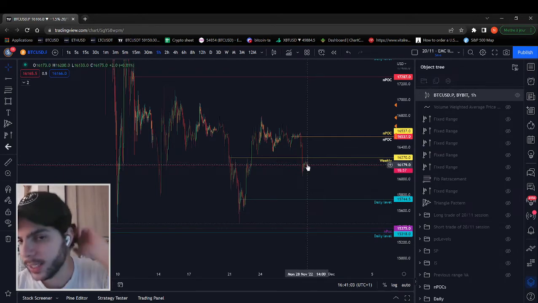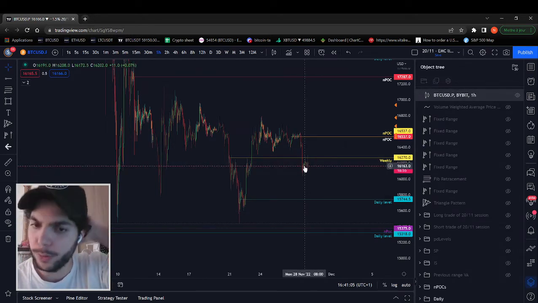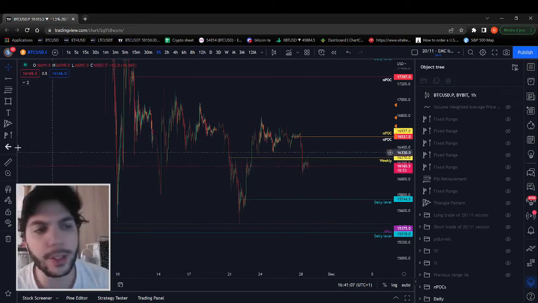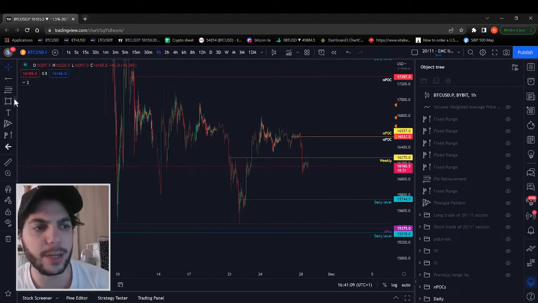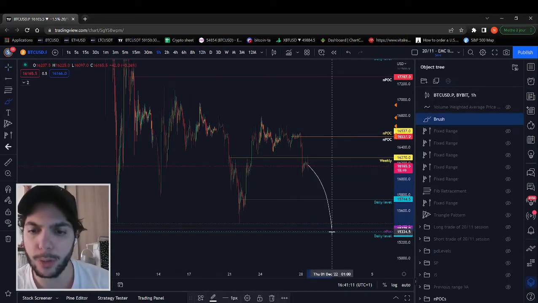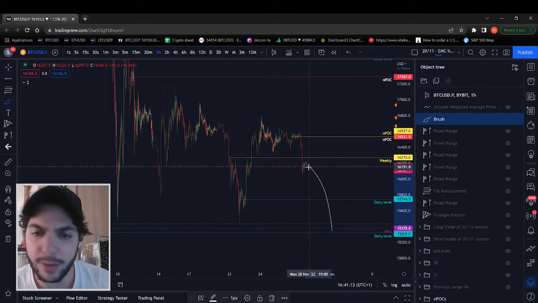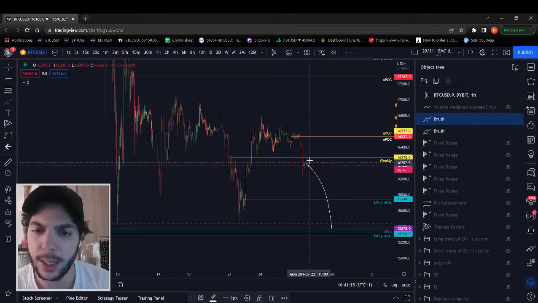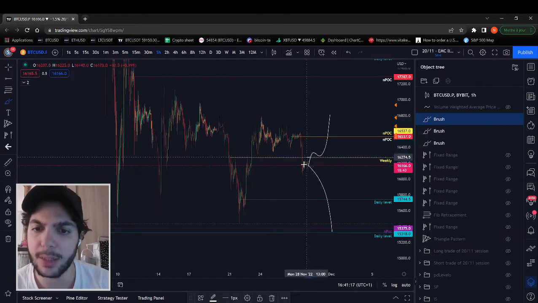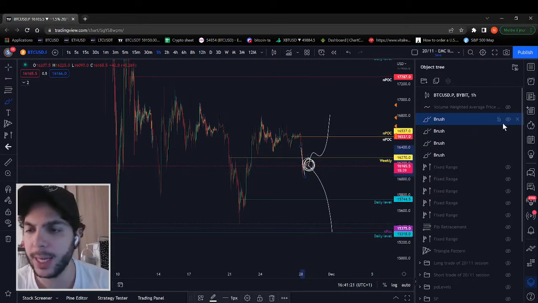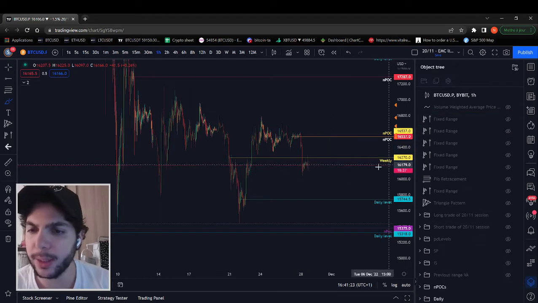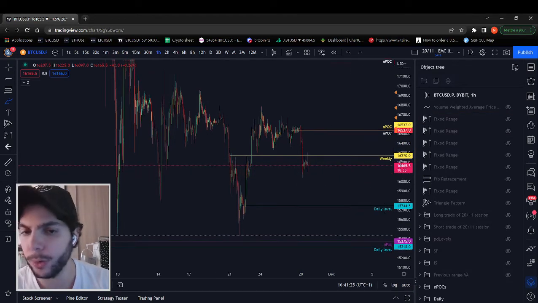No, this is a very poor place to open a swing short. Okay, if I'm shorting here, the only scenario that I'm basically expecting is a drop toward those levels. Okay, but you could definitely see something like this. And in that case, if you shorted here, you shorted the absolute bottom of this move down, right? So it's really not the best place, in my opinion, to look for a short.